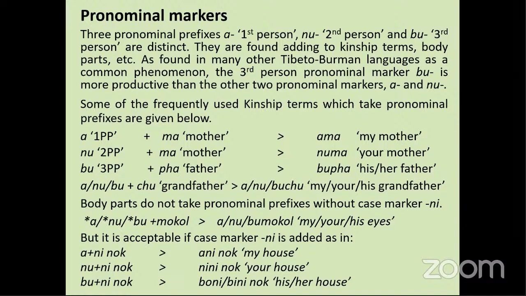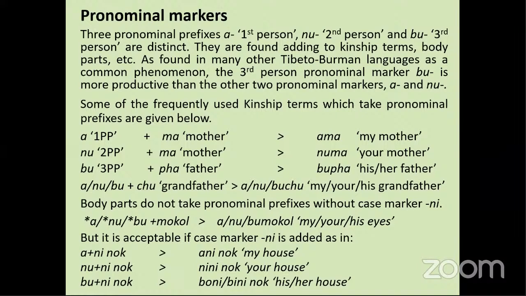Then there are three pronominal prefixes in Kokborok language. They are a, nu, and bu, first person, second person, and third person respectively. These three pronominal prefixes occur with kinship terms and body parts.